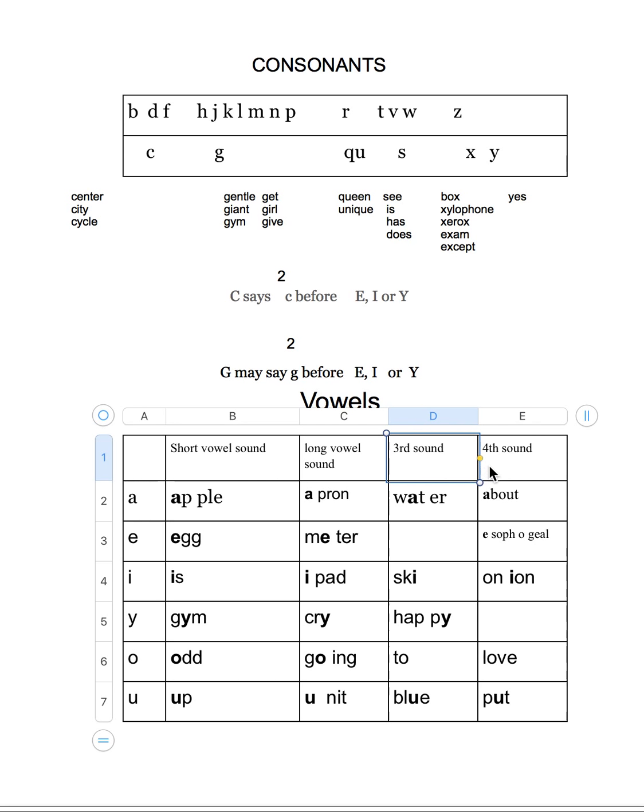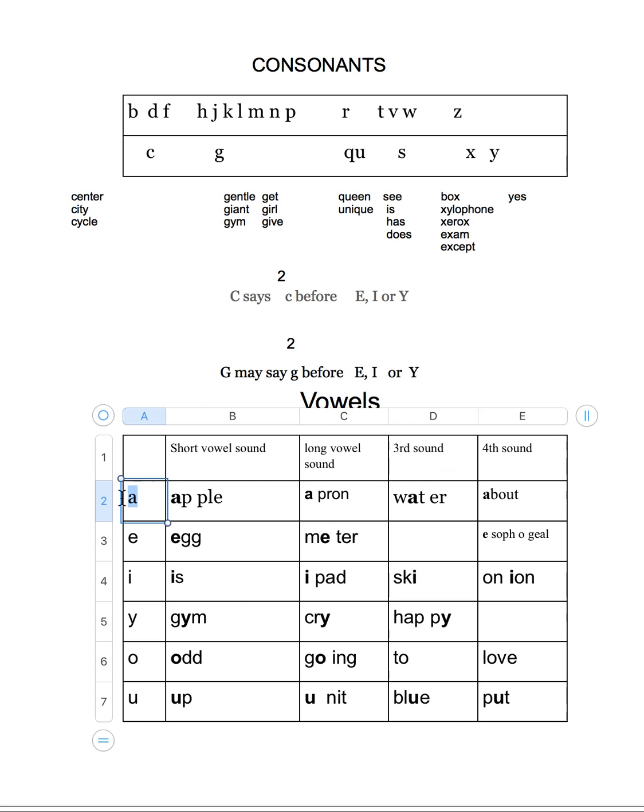When I go over the third and the fourth sound, I will point out that they are just a repetition of another short or long vowel sound. When you spell words, you need to realize which vowel is used and which sound is being used. So vowels have more than one sound.